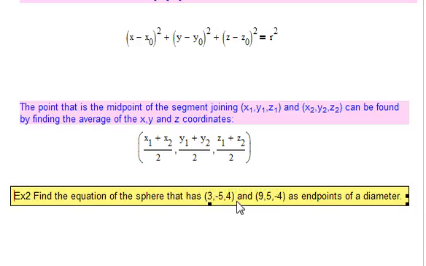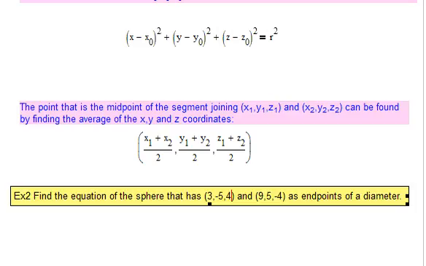And so if we add 9 and 3, we get 12, divided by 2, we get 6. Adding 5 and -5 is 0, divided by 2 is still 0, and adding 4 and -4 is 0, still divided by 2 gets 0. So (6, 0, 0) is the center of this sphere.